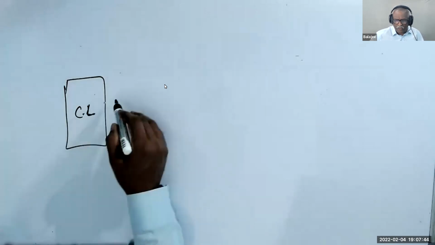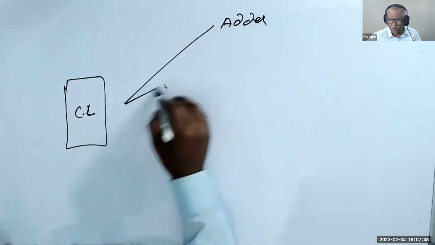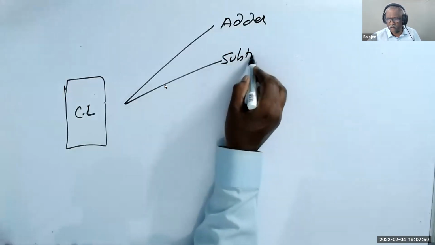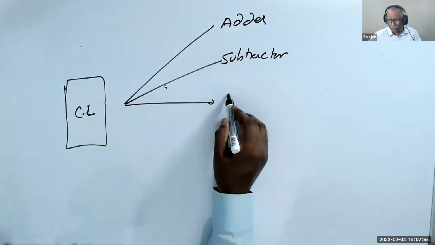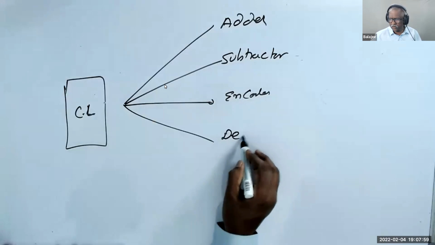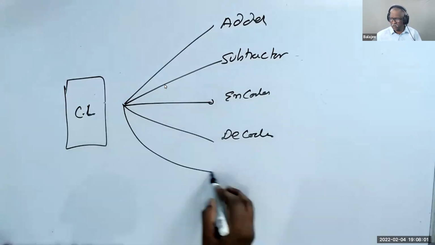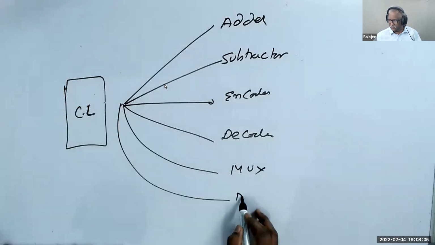The applications of combinational logic are adder, subtractor, encoder, decoder, mux, and demux.